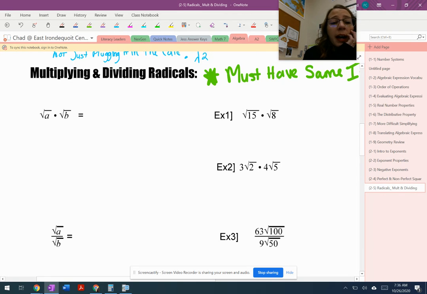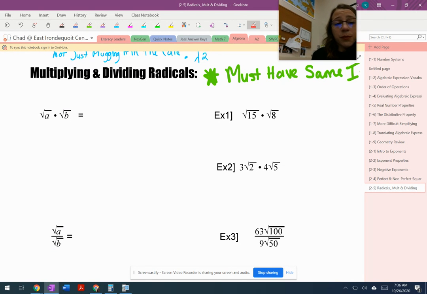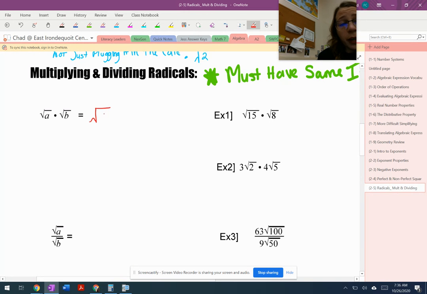So if you have the square root of a times the square root of b, and notice I know those are square roots because they do not have a visible index. No visible index means I'm assuming it's a 2. So the square root of a times the square root of b is just equal to the square root of whatever a times b is.